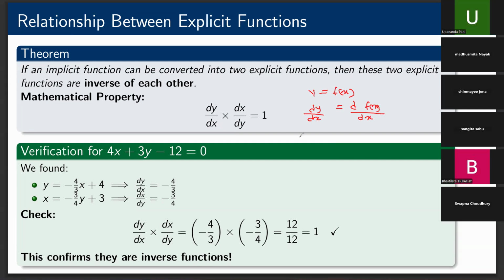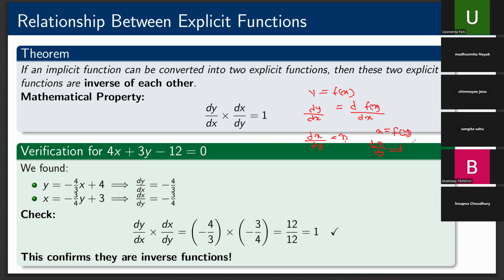But if it asks you to find dx upon dy, how will you do it? First of all, what do we have to do? We have to convert it to x as a function of y. Then we'll take the derivative of this variable with respect to y, and find the derivative of x with respect to y.